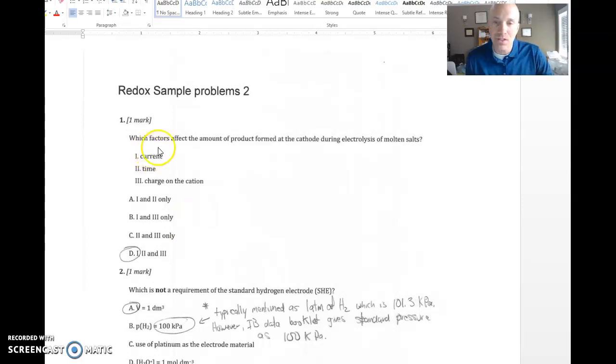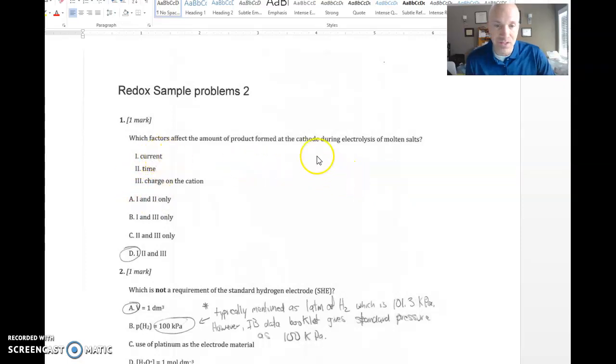Alright, so which of these factors affect the amount of product formed at the cathode during the electrolysis of molten salts? Remember, the cathode is the place where reduction occurs. So in the electrolysis of molten salts, this would be the place where the positive metal ions are accepting electrons and getting reduced to the zero charged or metallic form of the metal.